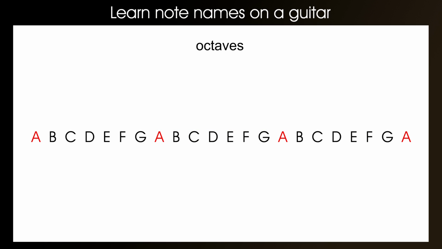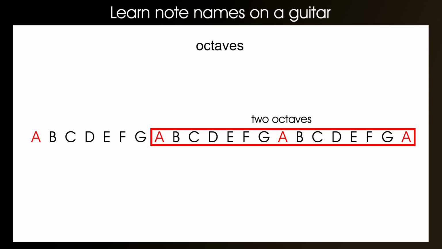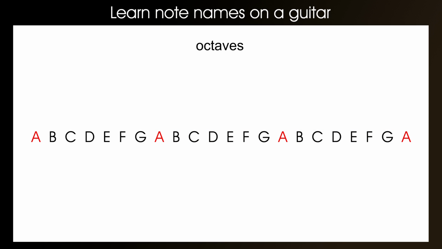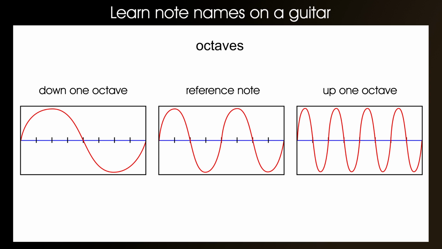It's also common to refer to multiple octaves. For example, if the A repeats twice, then you have a 2-octave gap or interval. If you prefer to think about this in a technical or scientific way, the octave is the point at which the frequency doubles or halves.